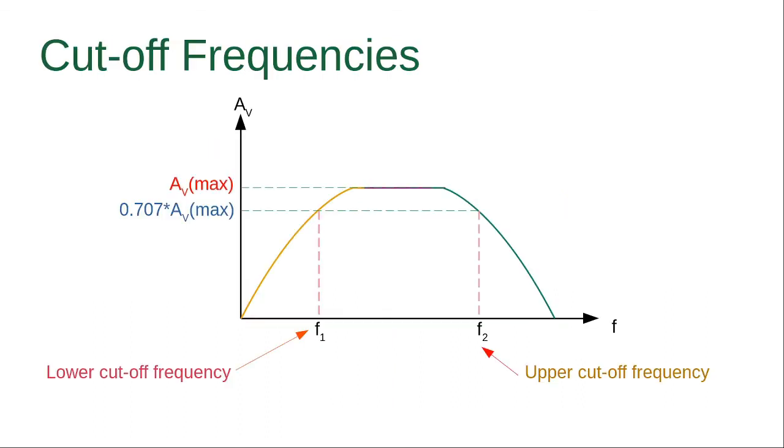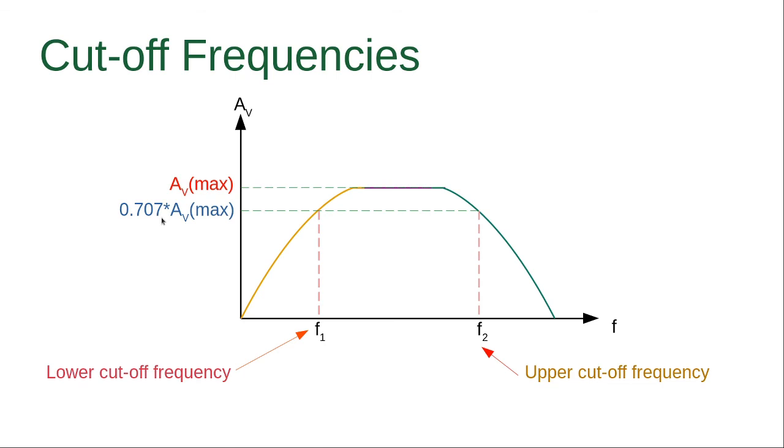Cutoff frequencies. It is clear from the figure that there are two frequencies, F1 in the low frequency region and F2 in the high frequency region, at which voltage gain becomes 0.707 times the gain in the mid frequency region.